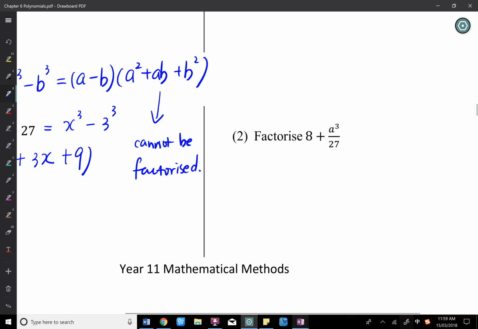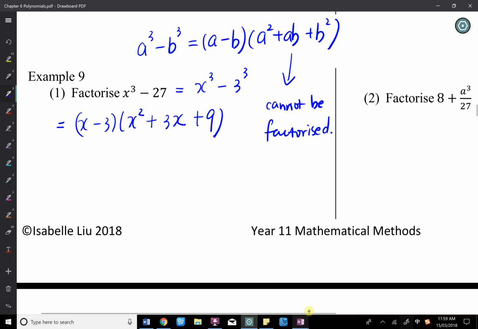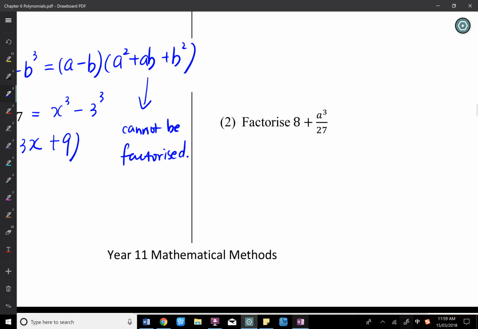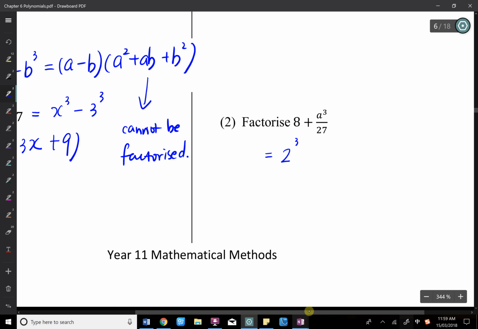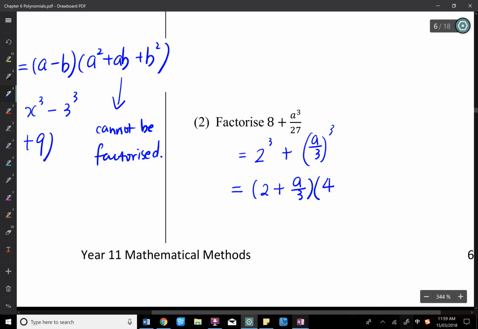Okay, what's this one? So I can make this into 2 cubed plus a over 3 cubed. So I will have 2 plus a over 3, and then minus.